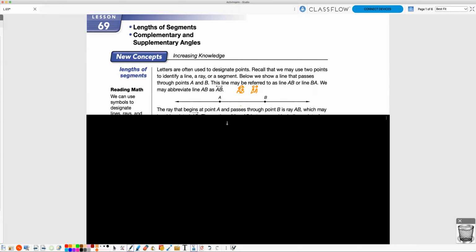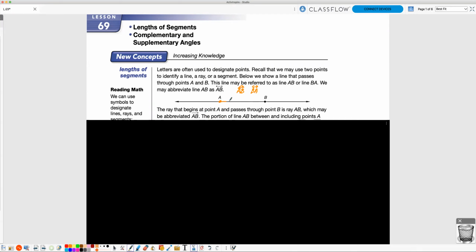The ray that begins at point A and passes through point B is ray AB, which may be abbreviated with a ray symbol. So if you're just talking about this point from A and then straight through B and on to infinity in this direction, that would be considered ray AB.